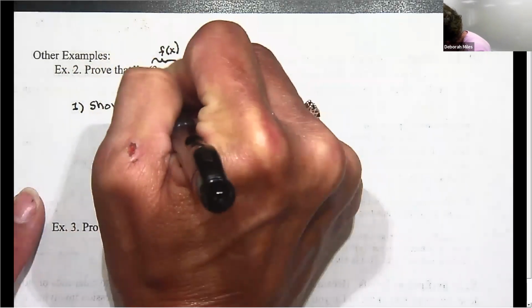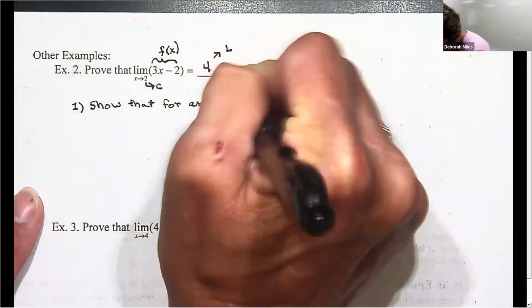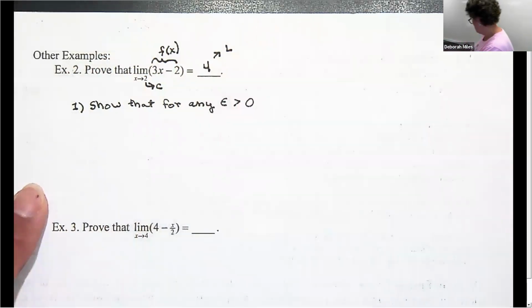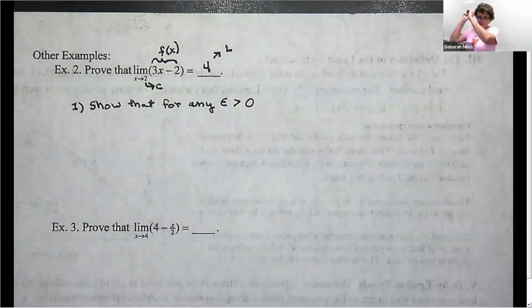In your homework tonight, I have to see step 1, 2, and 3, pretty much identical to what I typed on the previous page. So the first thing we're going to have to do is know this definition. Step 1, show that for any epsilon greater than 0, you tell me how close you want my bullet to be to the bullseye.